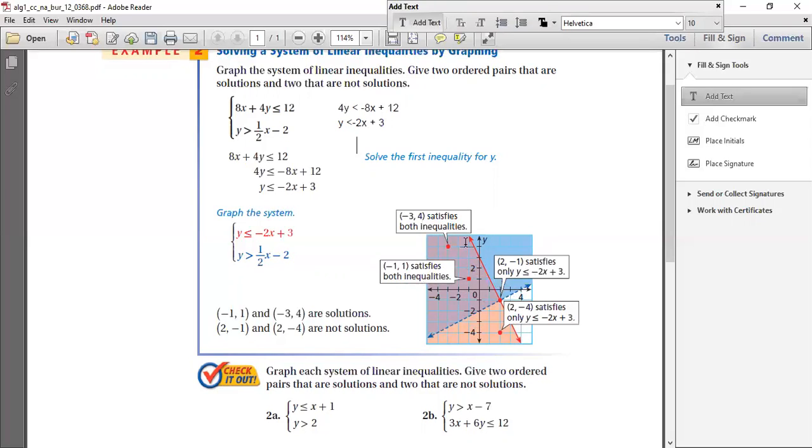Okay, now using this part we can take any two ordered pairs which will satisfy the inequalities, any two ordered pairs from this part which both of them have shaded. So we can take -1 and 1 as an ordered pair as a solution, or -3 and 4.